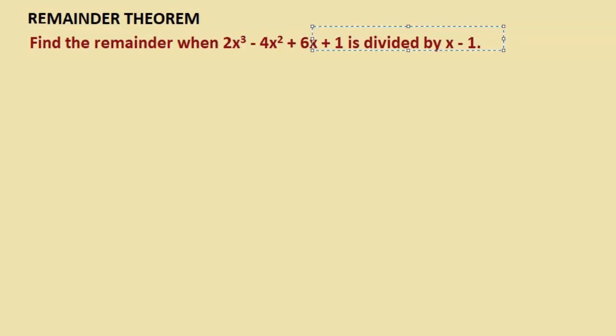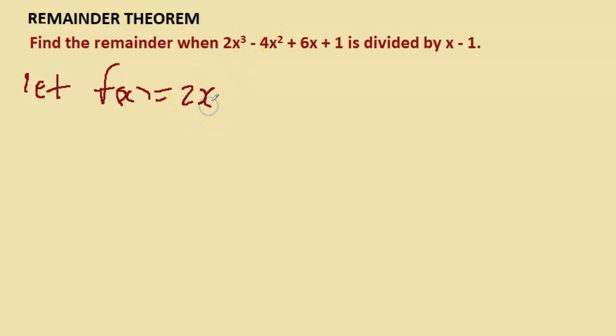Now, according to the remainder theorem, if a function, so we let f of x be equal to the dividend, 2x cubed minus 4x squared plus 6x plus 1.